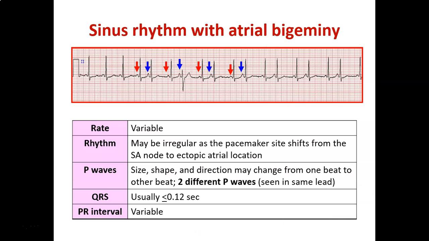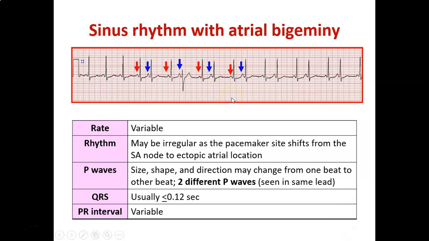So the diagnosis in this one is sinus rhythm with atrial bigeminy. If there are 3 or more shapes, then this will be wandering pacemaker if the heart rate is less than 100, or multifocal atrial tachycardia if the heart rate is more than 100. But here there are 2 shapes, so this is your atrial bigeminy.